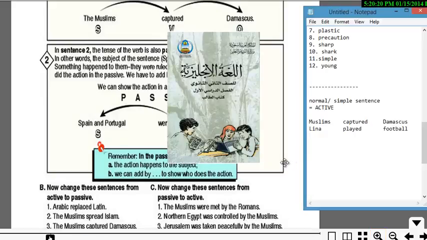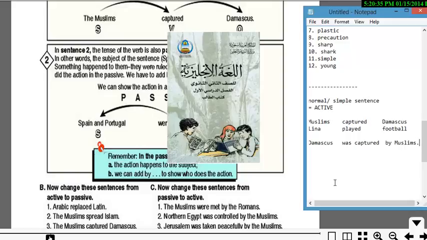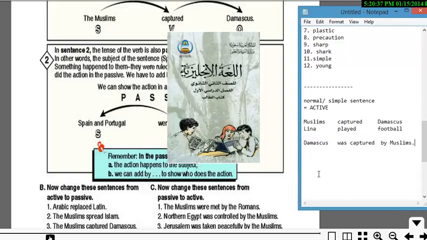So if I'm just going to say Damascus was captured by Muslims, okay? So what is it actually happening here? What's happening is that we're just turning the position here.